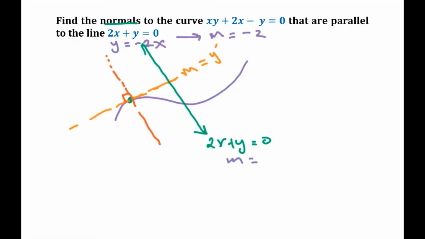Since it is parallel to the normal, the slope of the normal will be negative 2. And since the normal is perpendicular on the tangent, the tangent slope will be negative reciprocal, 1/2. So from there we are going to start looking for the equation of the normals.